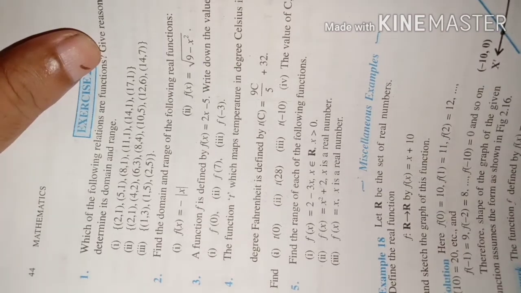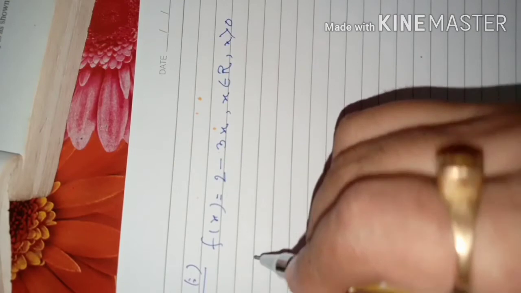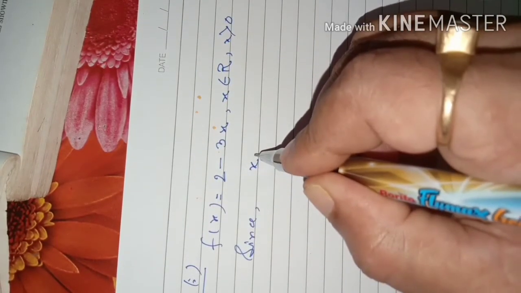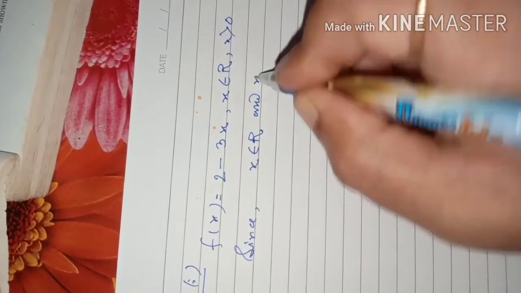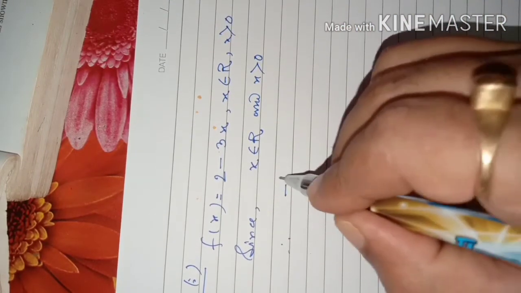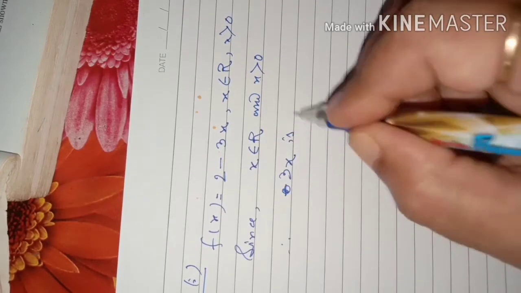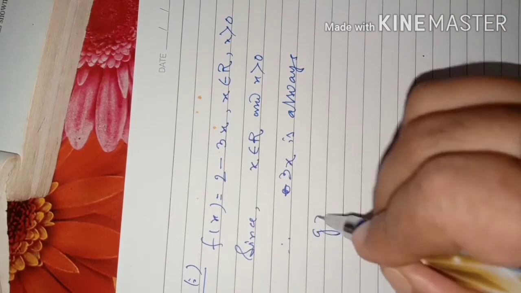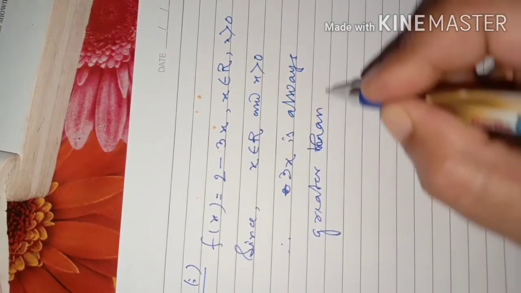Therefore the range of this function will be, since x belongs to real numbers and x greater than 0, therefore 3x is always greater than 2.